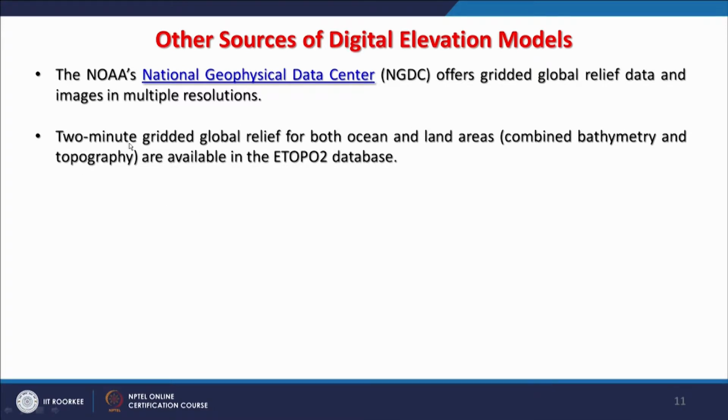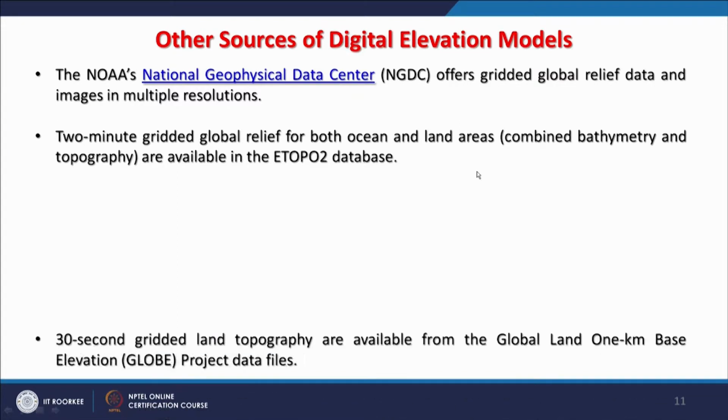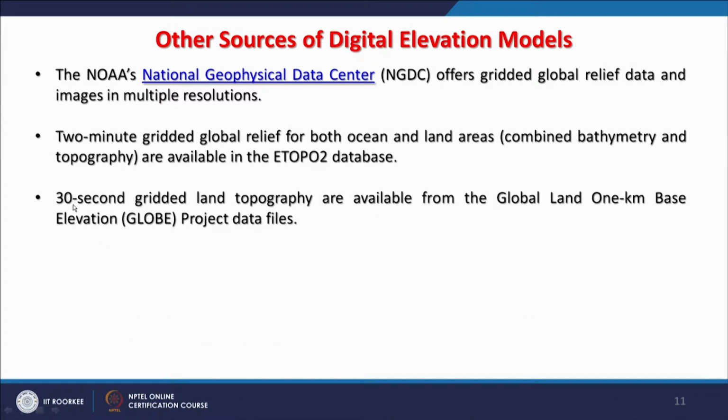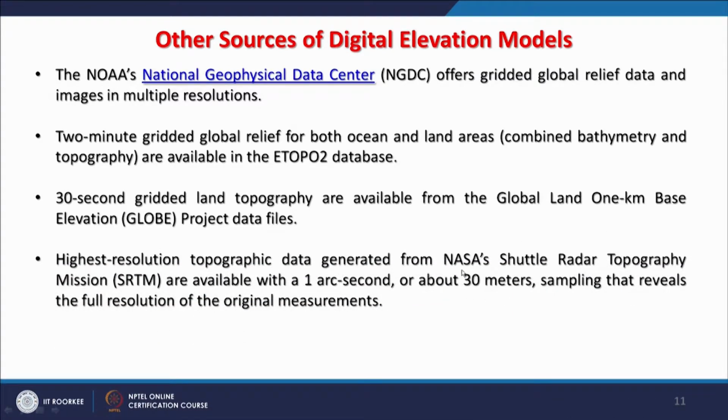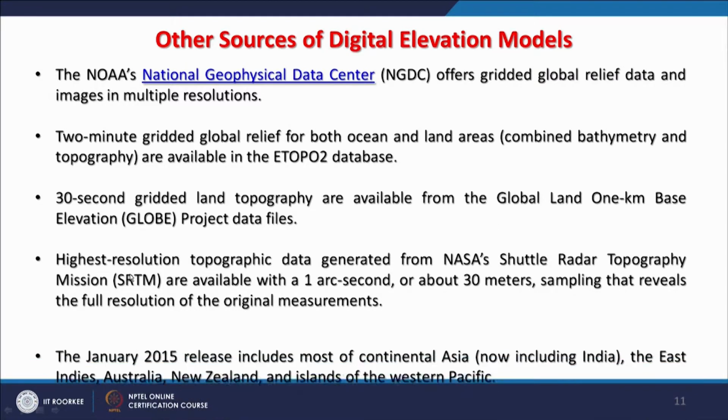And of course the earlier ETOPO2 database is also available for downloading. 30 arc second gridded land topography data is also available, that is 1 kilometer. Then you have 1 arc second, that is 30 meter, SRTM, also available.